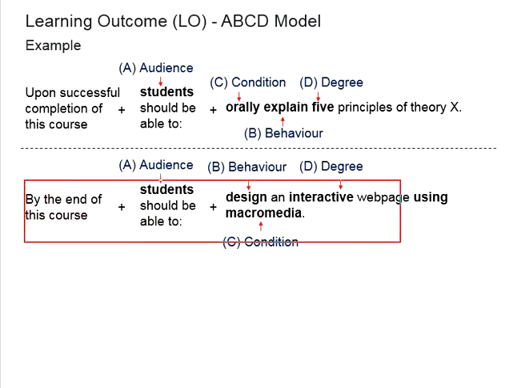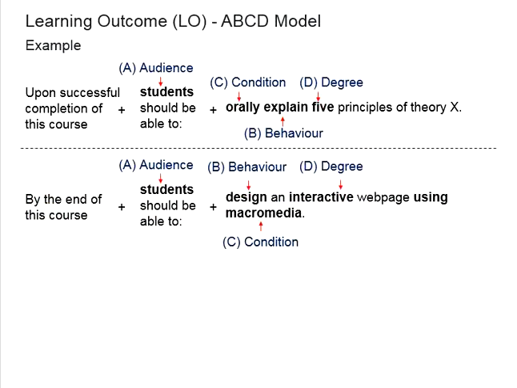If you look into the sentence here, designing an interactive website and designing an interactive website using macromedia, there are differences. Let's say if you only require the students to design a website, that means it is regardless whether it is interactive or not.